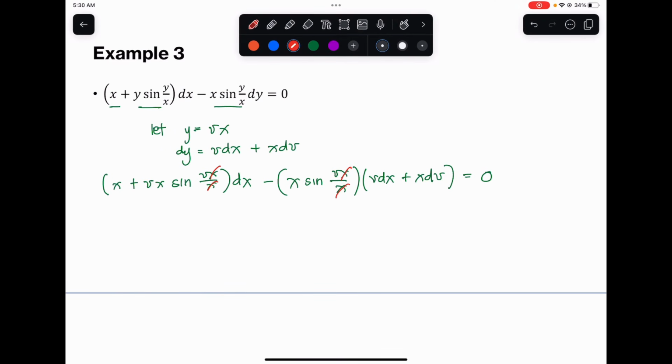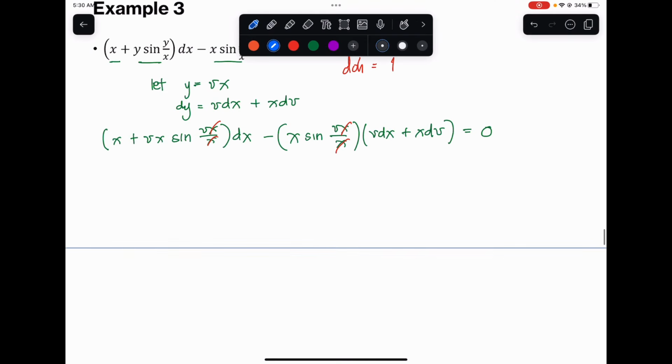And then the degree of homogeneity of this equation is 1. So therefore, we're expecting to cancel out. In this case, we can factor out x here. So that will become (1 plus v sine v) dx, and minus x sine v times (v dx plus x dv) equals 0.